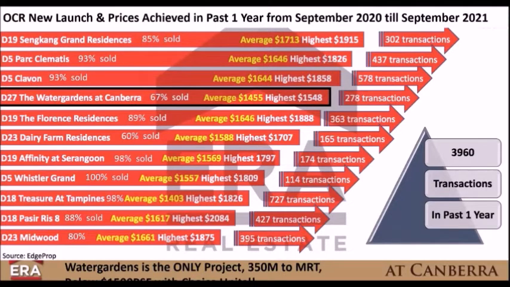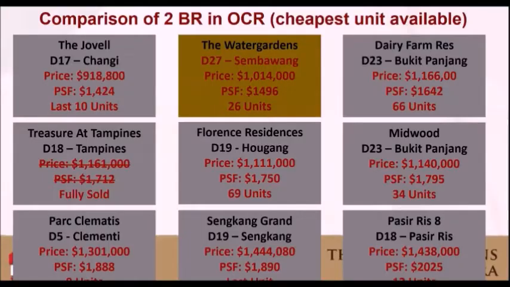If you have done well this year in project marketing, congratulations. If not, don't worry, because we still have available stocks at Watergardens and our average PSF is only 1,455. This is very much lower than some of the top selling ones at 1.6 and even 1.7 PSF.